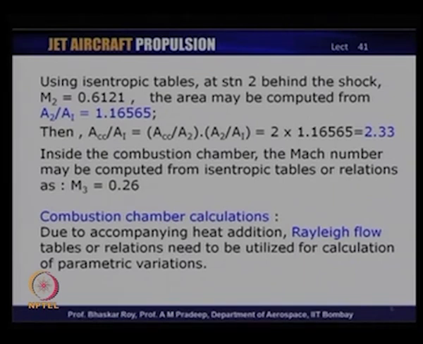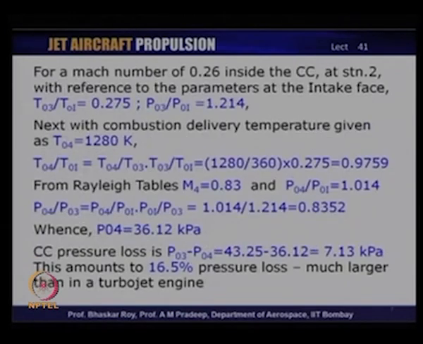Now, once we get into the combustion chamber, we have flow with heat addition, and as a result the Rayleigh flow tables or relations need to be utilized for computing the variations of various parameters through the combustion chamber. So, you need to get hold of Rayleigh flow tables or Rayleigh equations or relations.